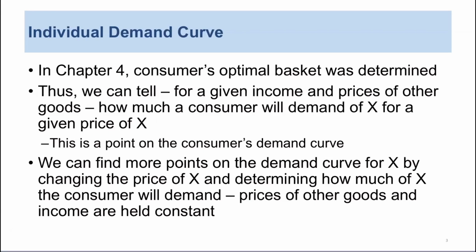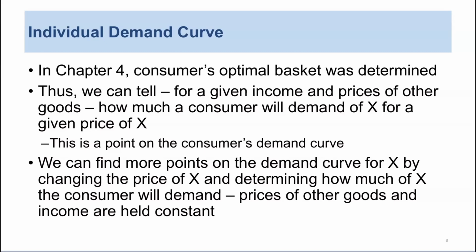In the previous chapter, the consumer's optimal basket was determined, and we extensively discussed how we find the optimal basket. Therefore, we can tell, for a given income and prices of other goods, how much X the consumer will demand for a given price of, say, X. And this combination of a given price and optimal demand, or optimal choice, is a point on the consumer's demand curve.